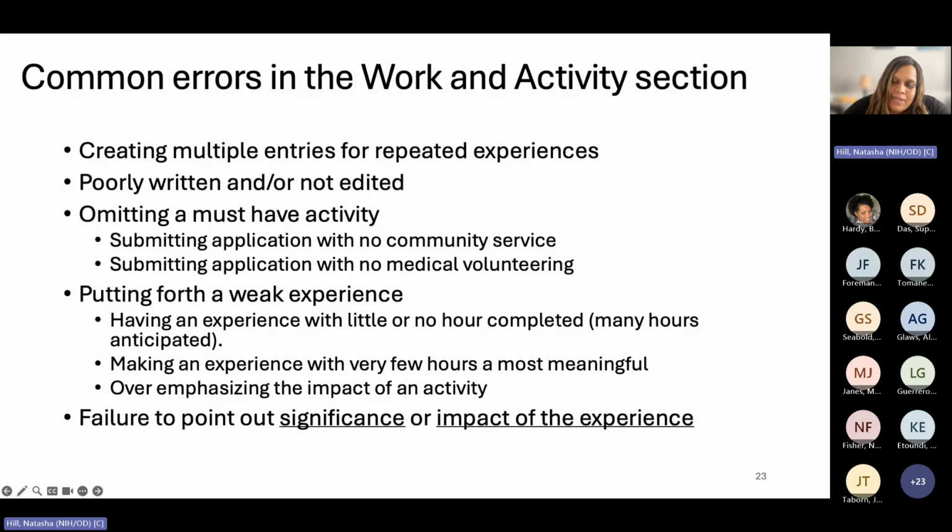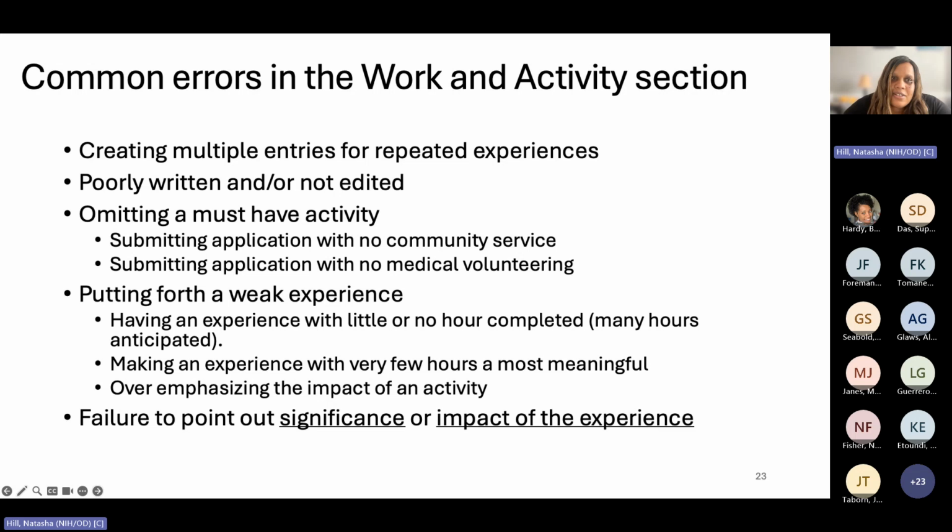You need to tell the committee that so they understand how that 10 hours equals something most meaningful. Because if your description is, I just stacked boxes, and you omit the whole part about being a part of this labor and delivery, the committee doesn't understand how that's most meaningful. So keep that in mind.